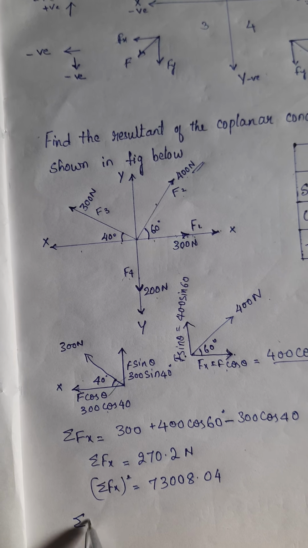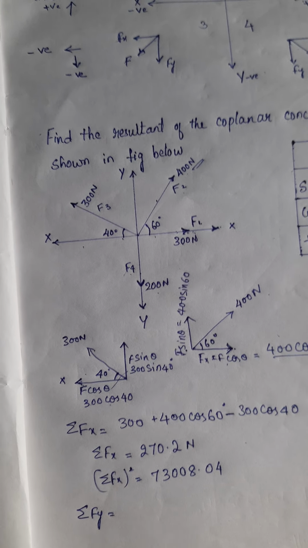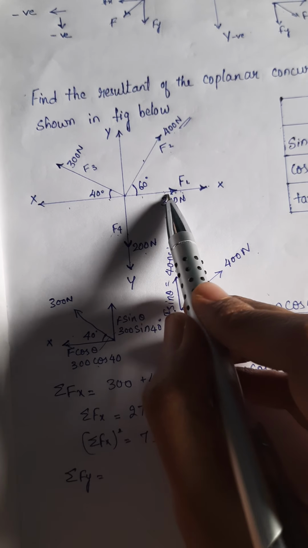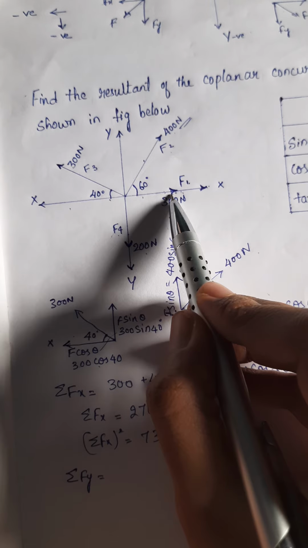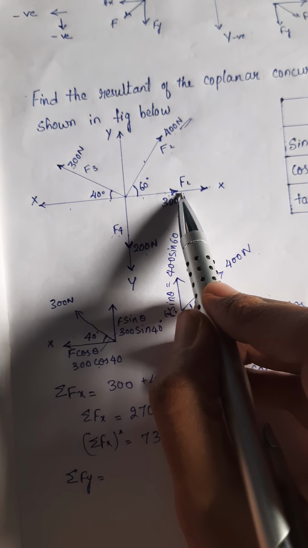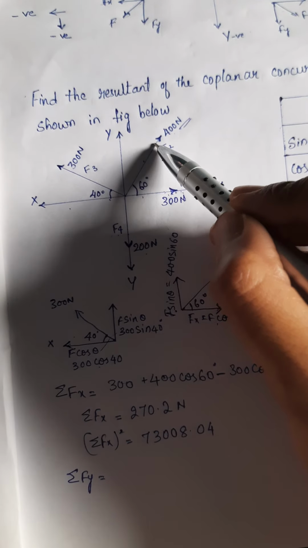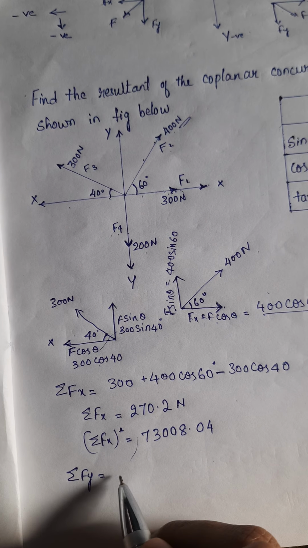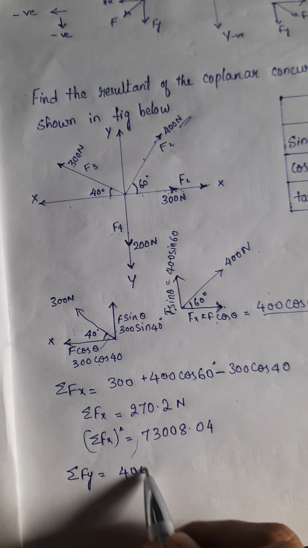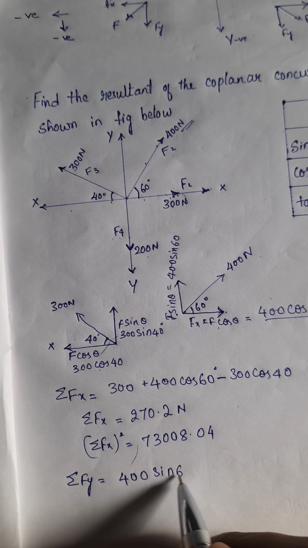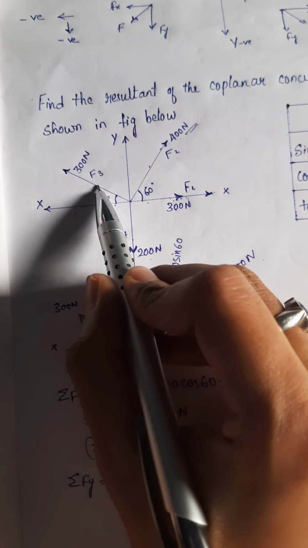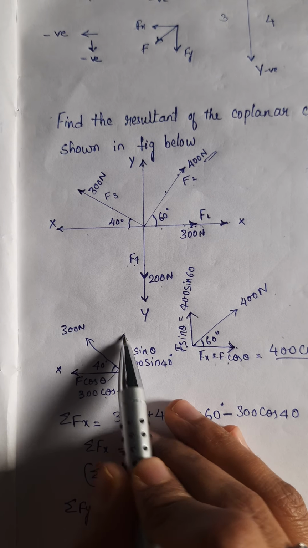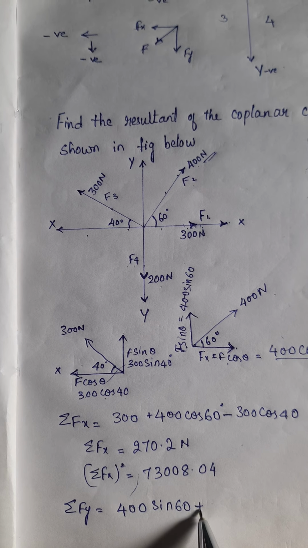Now check for sigma Fy. Sigma Fy is what? All the vertical forces. Start with F1. This is horizontal, no vertical component here, so it is 0. The second force is inclined, and the vertical component is 400 sin 60. It is upwards, so positive 400 sin 60. Next, our force is 300 Newton. Again, after resolving, the force is upward. Upward means positive.